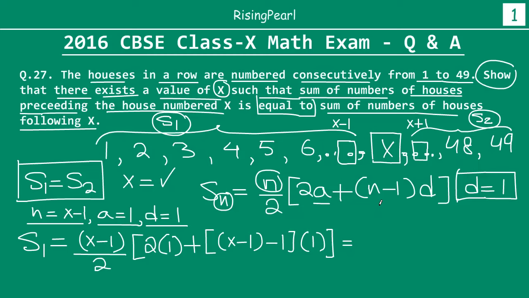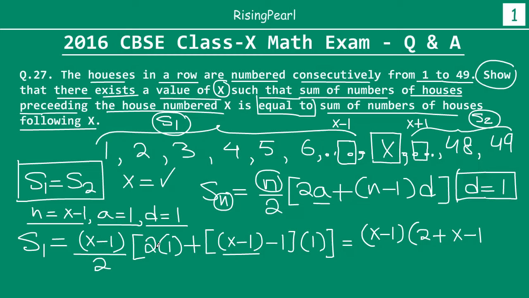In other words, if we write this out, it will be x minus 1 times, let's open this, we have 2 here, plus x, and we have minus 1 here, and then minus 1 again, so minus 2, and 1 times all of this is the same, so it will be x minus 2.